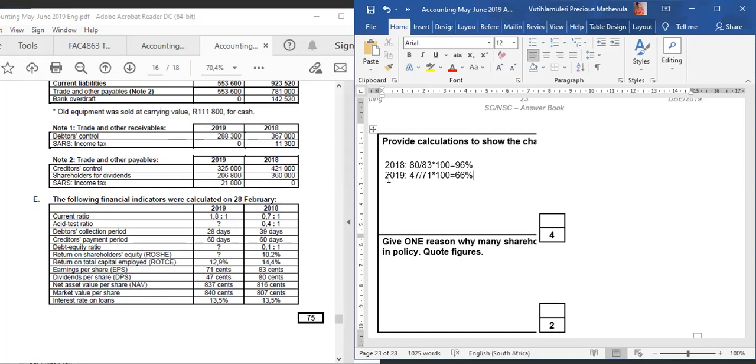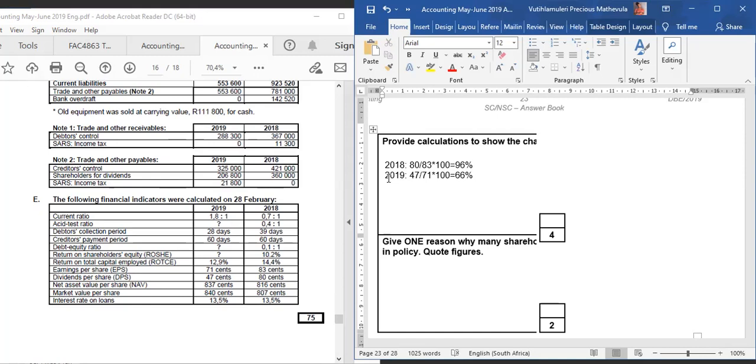So it decreased from 96% to 66%. And give one reason why the shareholders were satisfied with this. You also have to write down that the dividend payout ratio decreased from 96% to 66%, and explain why the shareholders are happy with the change in policy.